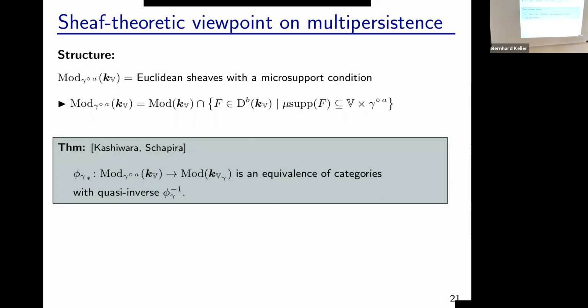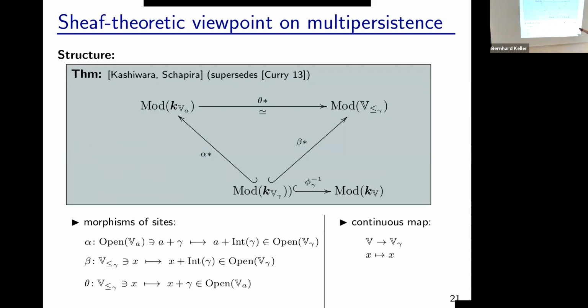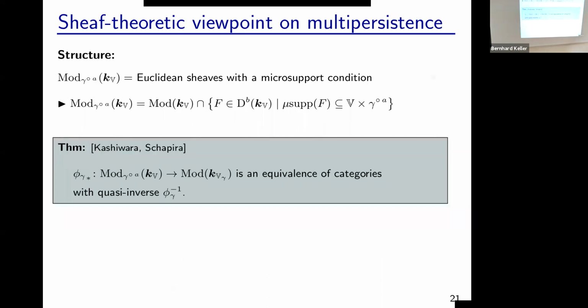Now, the other direction, let me go back. What is the image of the gamma sheaves in the Euclidean sheaves here? Basically, the image is composed of those Euclidean sheaves that have a certain condition on their microsupport. So these are the Euclidean sheaves such that the microsupport is included in what we call the polar of the antipodal of the cone.